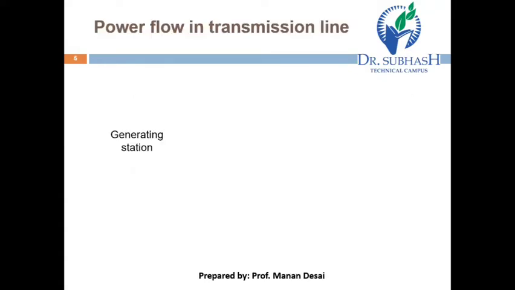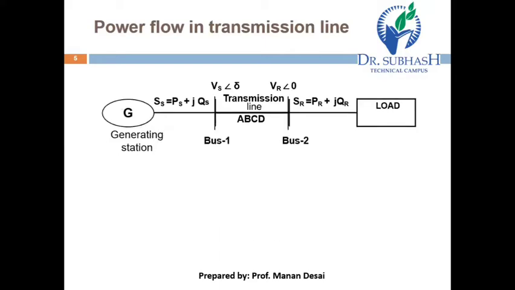Now, we are starting from a generating station, and here you can see the single line diagram of generating station to load. The transmission line is connected between them. We can understand it with the ABCD parameters. Here, students, you see bus 1 and bus 2.